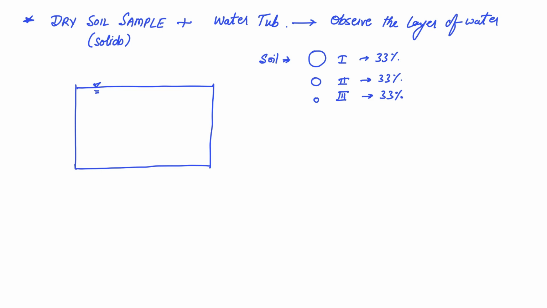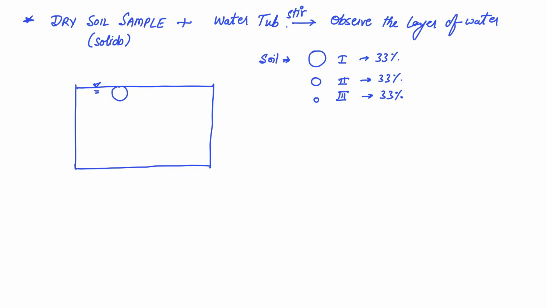Now if we add these particles to the water tub and stir, in the beginning all the particles present in the soil will get mixed in this water tub uniformly. In whatever proportion those particles were present in the soil, in the same proportion those particles will be present in each and every layer of the water tub also.